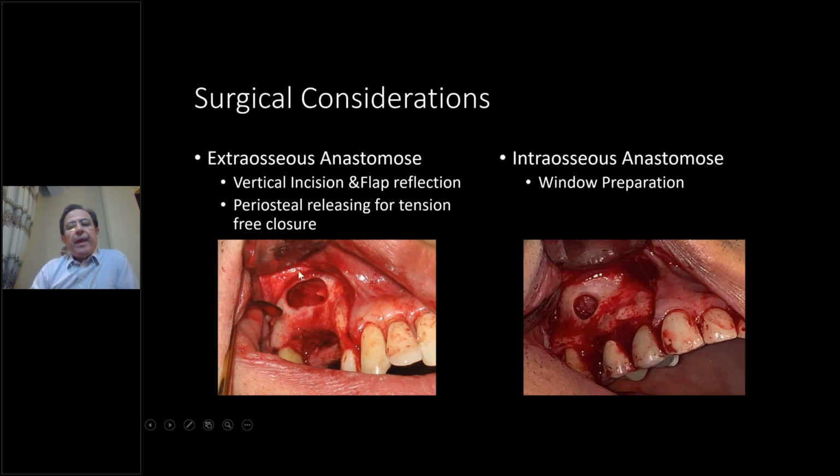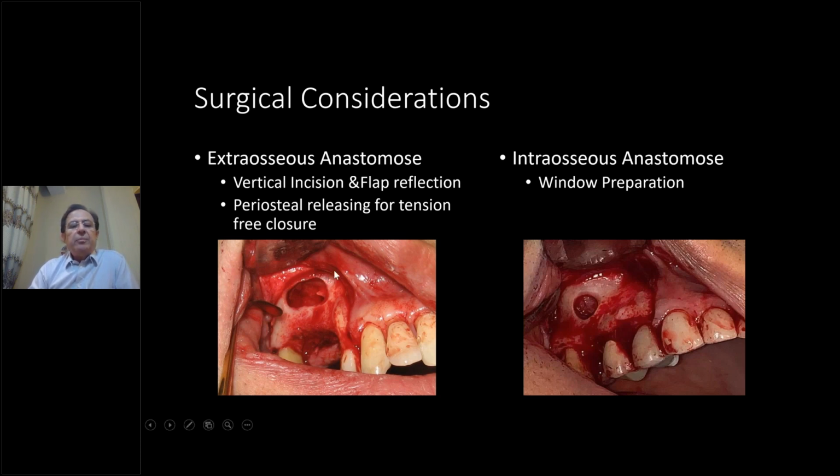Or at the end of the surgery, if we need periosteal releasing for tension-free closure, we must also calculate the position of the extraosseous anastomosis during the periosteal releasing. Because in this situation, we can cut the artery and cause severe bleeding.